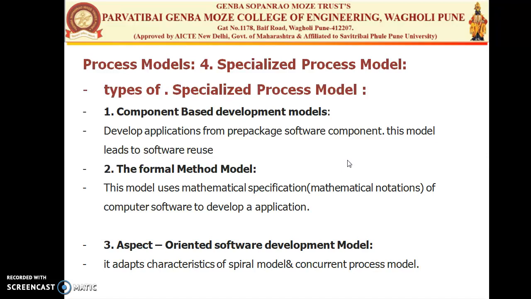Then we are going to see the second, that is the formal method model. This formal method model includes a lot of activities that lead to a formal mathematical specification of the computer software. That means symbol tables, mathematical methods and mathematical notations are there.